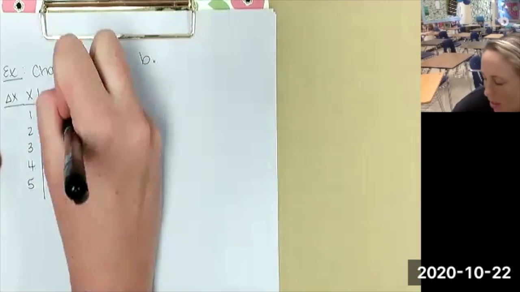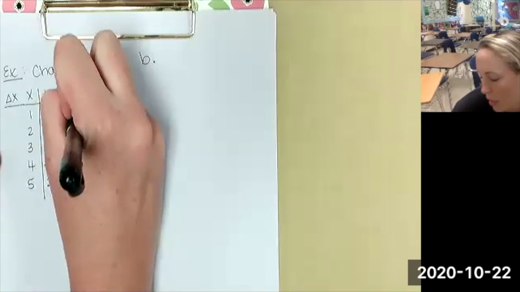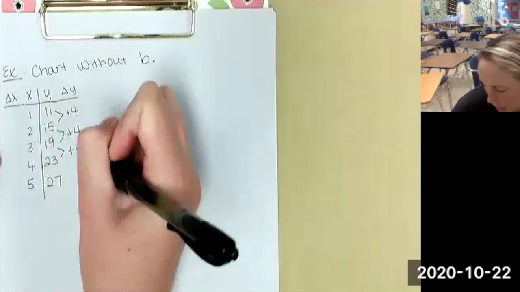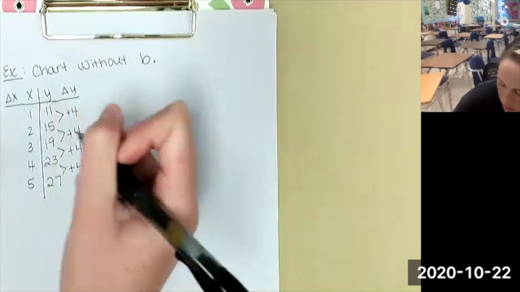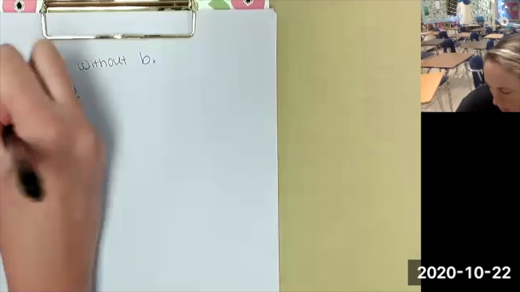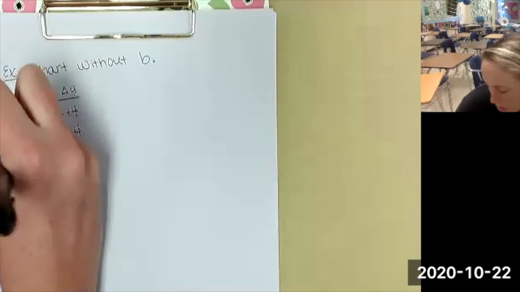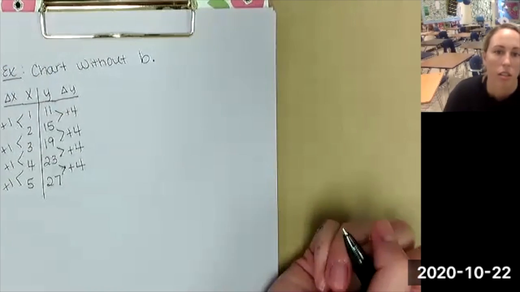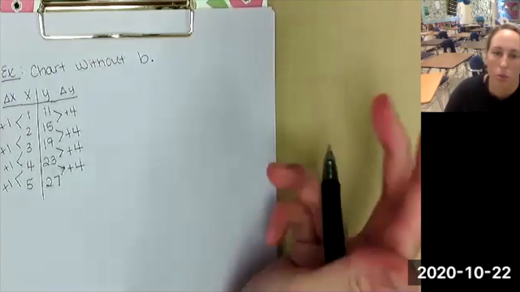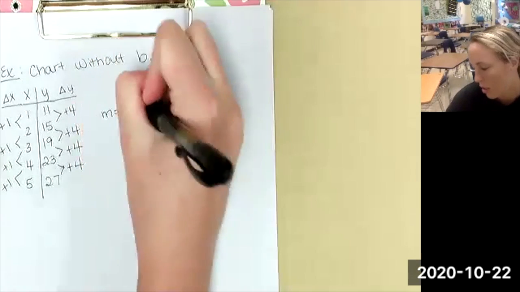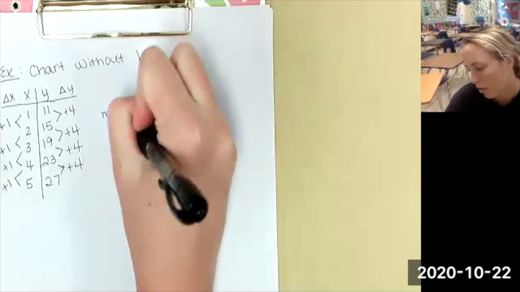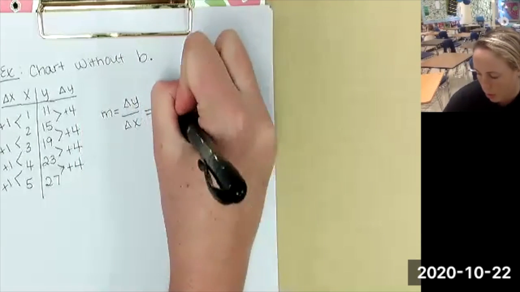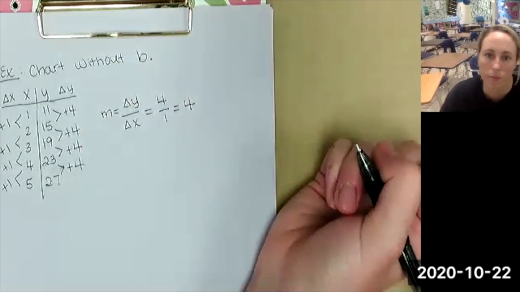So to get from 11 to 15, we add 4, all the way down, they're the same. And on the left, it's just add 1 all the way down. So our slope is delta y over delta x, which is 4 over 1, which we can just write as 4.